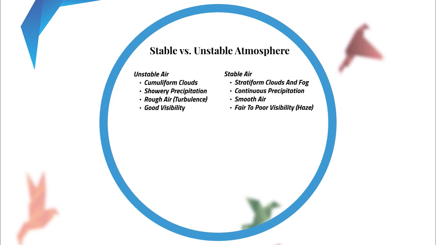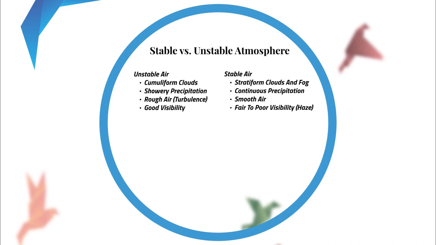If the air is in a state where it's not allowing itself to move up or down, then it's more stable. If the air has the mobility or the ability to move upward or vertically, then we have an unstable air mass.